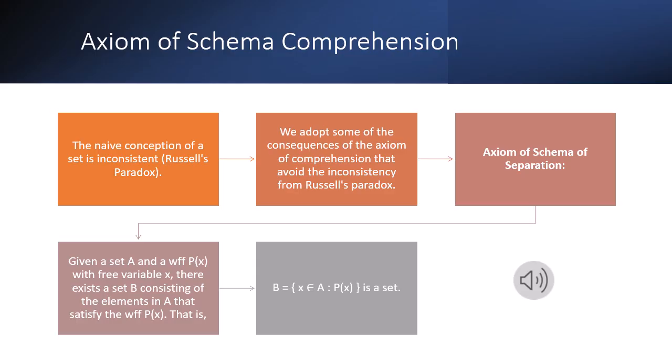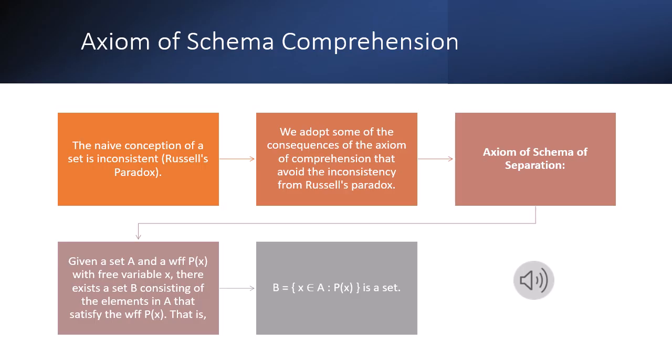And last module, we gave an example of that, where we modified the axiom of comprehension to this axiom of separation. And here it says axiom schema of comprehension and axiom schema of separation, because really there's one axiom for every well-formed formula with a free variable of x.